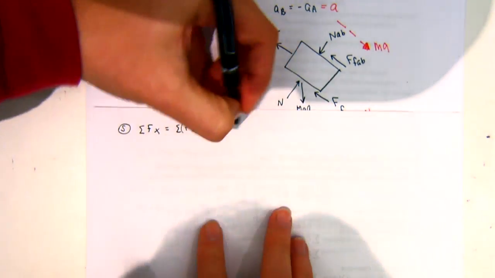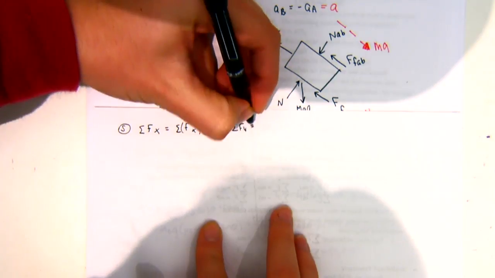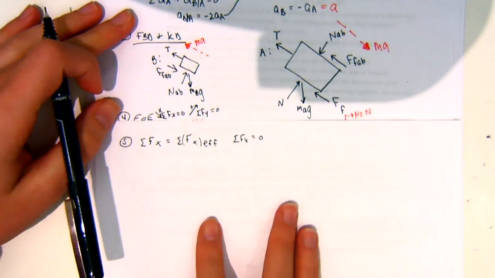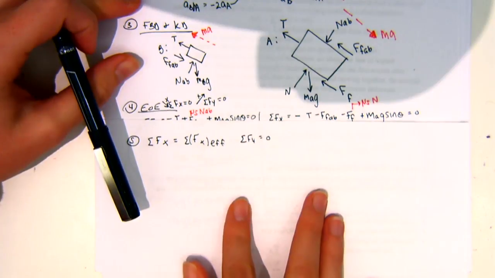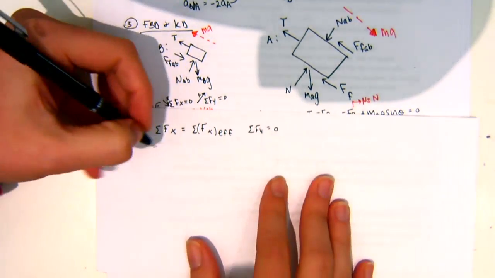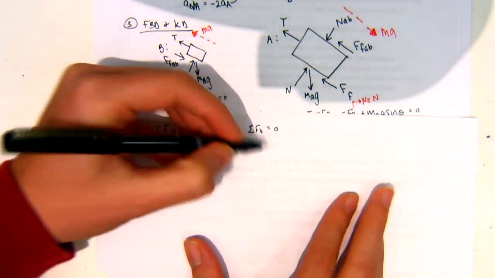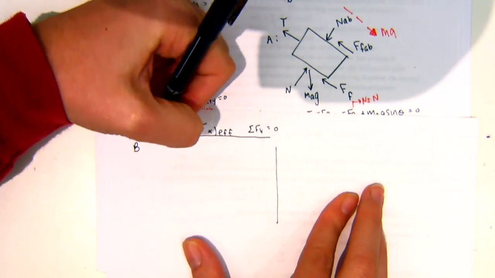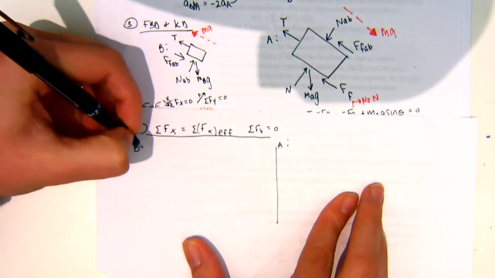And then our sum of forces in y will just equal 0, because we know it's not accelerating in the y direction. So if I look at block B, my equations are going to look very similar to before. Let's start with sum of forces in y. This is block B, and that's for block A.